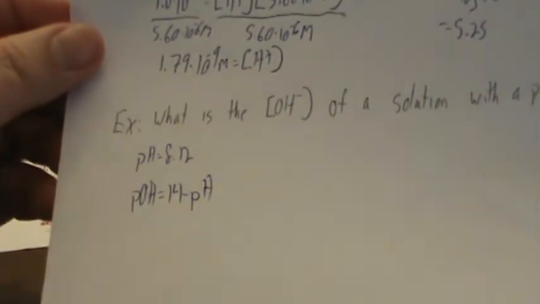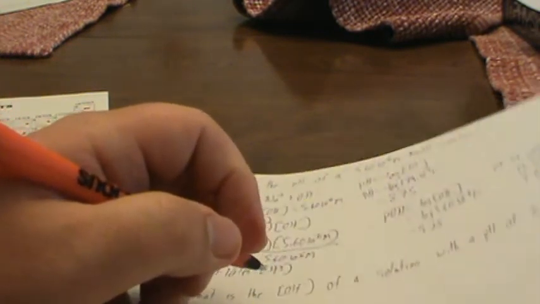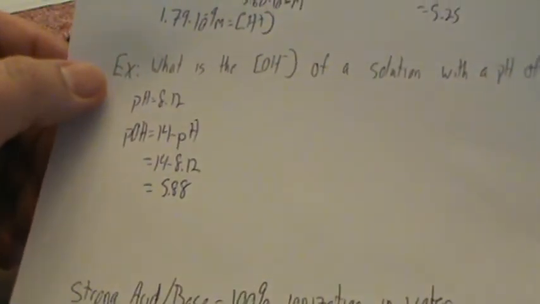Alright, so to find the pOH, we take 14 minus pH, 14 minus 8.12. And we should come up with 5.88.